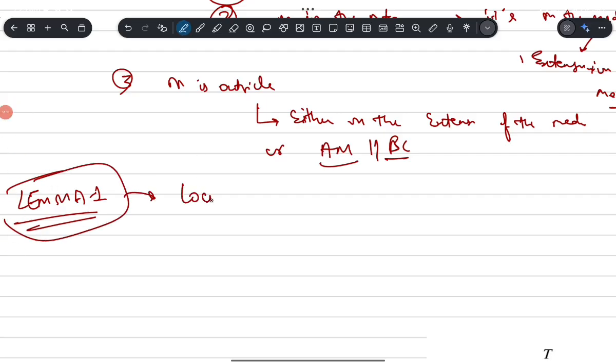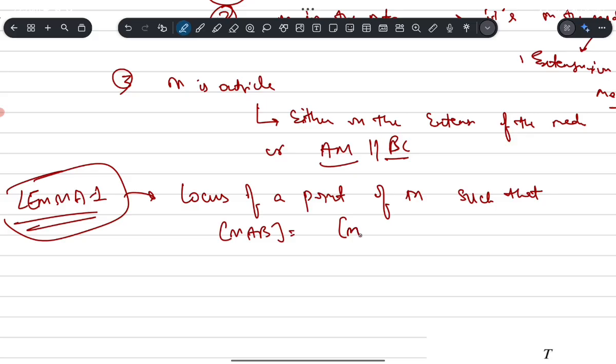So we are saying locus of a point M such that MAB equals MAC for a triangle ABC. For this to happen, there are first of all two conditions possible. What are the conditions?